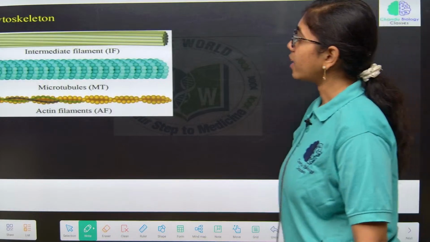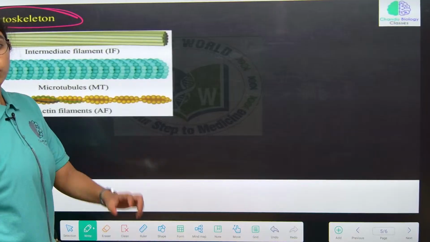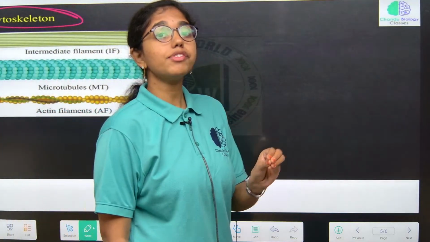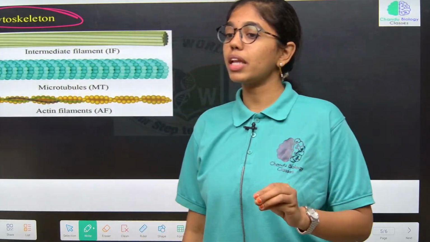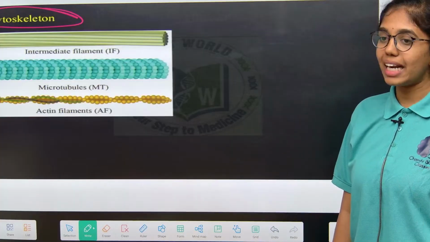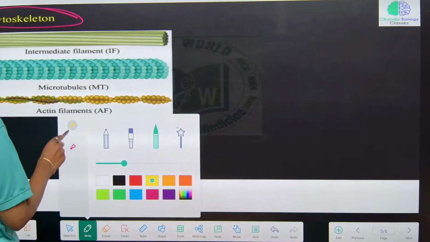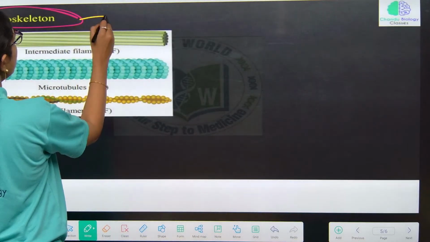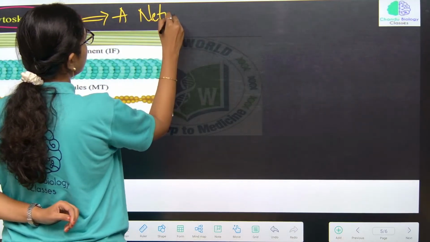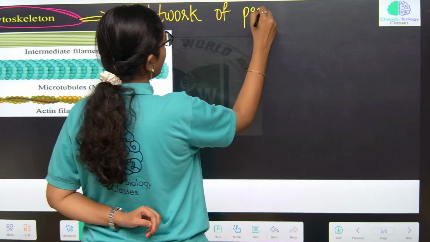Fine. Next, cytoskeleton. Cytoskeleton is a network of proteinaceous filaments which is present inside the eukaryotic cell. This gives proper shape and maintenance to the cell, and the cytoskeleton will also aid in the cell division process. Take down parallelly.